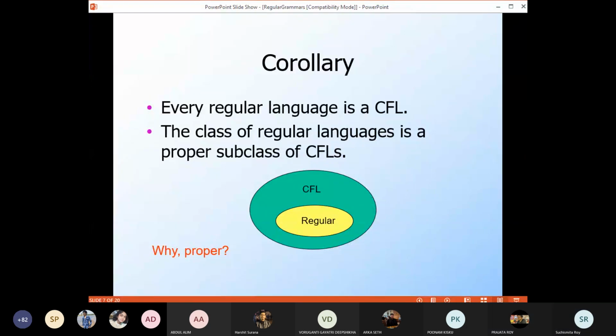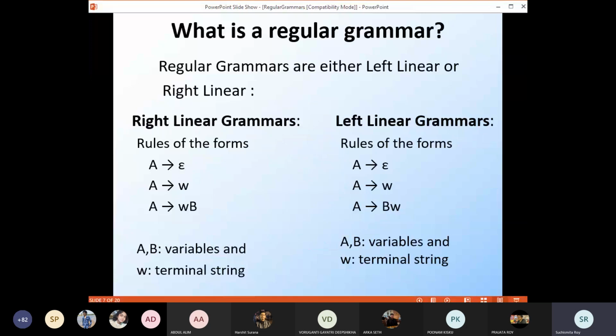Yes, ma'am. Okay. So now we are going to play around with regular languages and regular grammars. So now we know that you can produce a grammar to represent a regular language. But these grammars have a little more restriction and are a little more qualified than your normal context-free grammars. So what are these regular grammars?